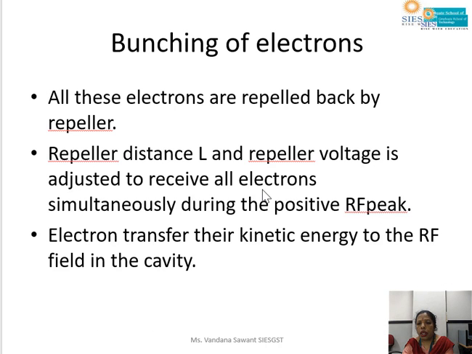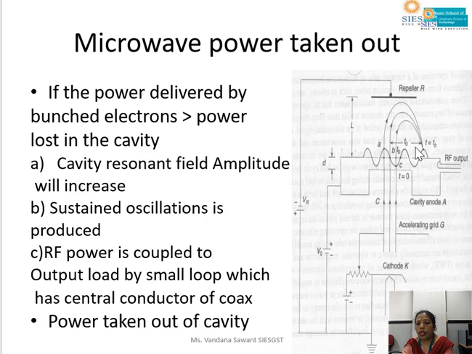Now see, in this reflex klystron, the maximum power will be output when the bunching of electrons takes place very close to this point B, the highest positive peak. So the highest power will be available at this first peak, and the next power is available at the second peak.